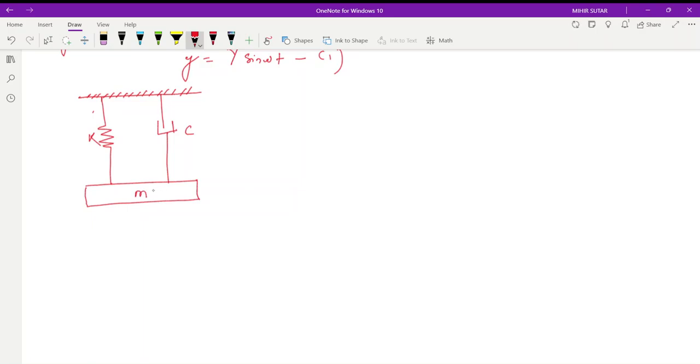Here we are considering the case of base excitation having a motion small y. The mass will have an amplitude of small x. We can write the same here.